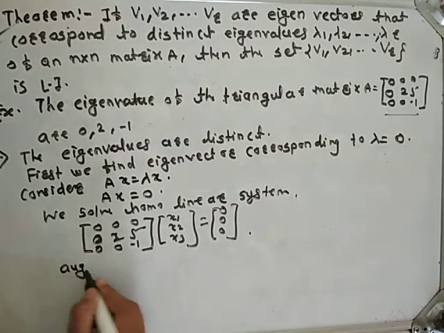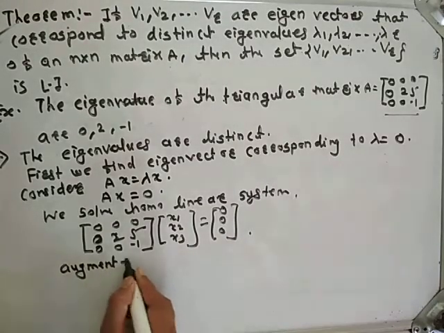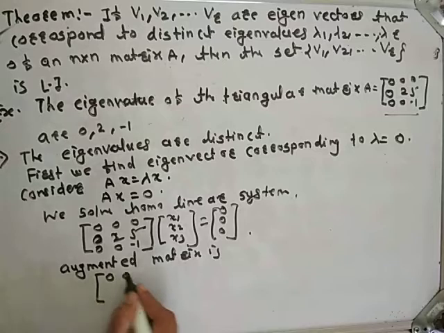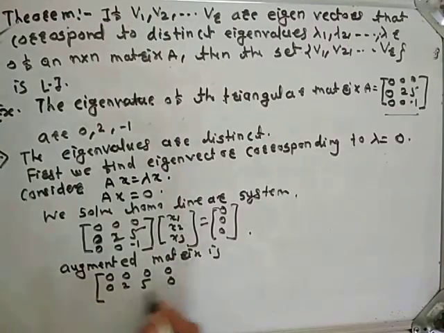The augmented matrix is matrix 0, 0, 0, 0, 0, 2, 5, 0, 0, 0, minus 1, 0.